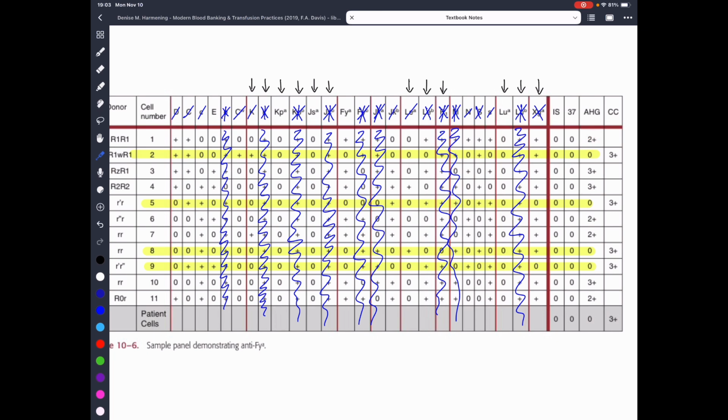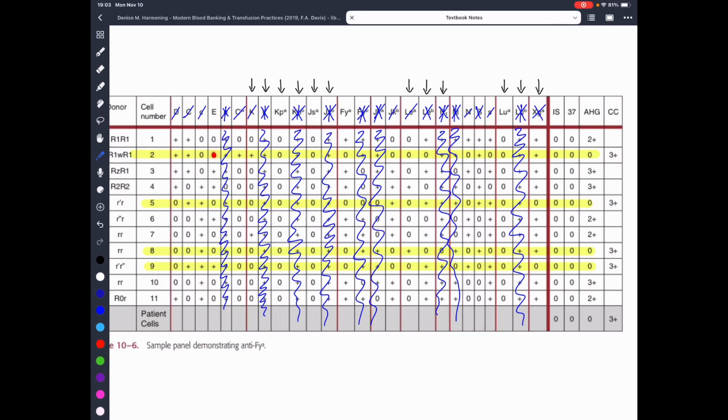This means that there was agglutination, but there's no E antigen present. So it's impossible for the antibodies present to be targeting capital E if capital E is not there. So capital E is not the reason that we see agglutination. Already off the bat, we're not looking good.